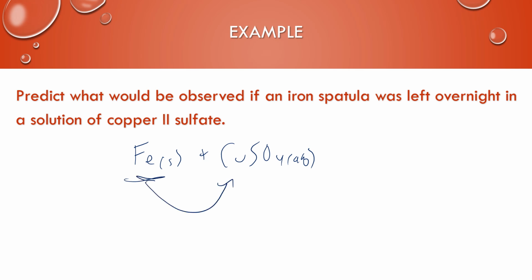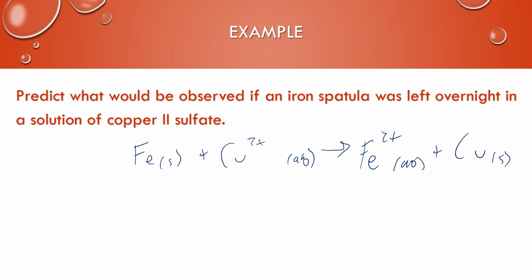The iron is more reactive, it's higher up on the activity series, so this reaction can proceed. I'm going to eliminate the sulfate as a spectator ion, and we will form iron 2+ ions and solid copper. So that's the reaction that would happen.